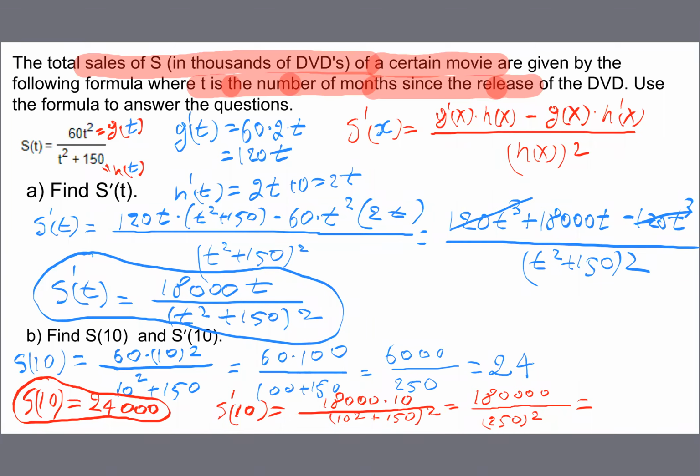Okay, so I used the calculator and I found 2.88. Now remember, the sales are given in thousands, so S prime of 10 is 2.88 times 1,000, so it's 2,880 DVDs.